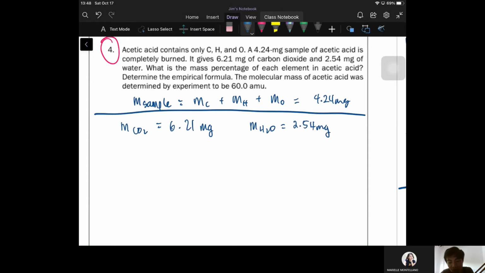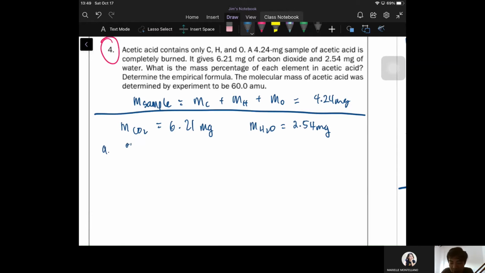What is the percent mass of each element? Determine the empirical formula. The molecular mass. Hinahanap din yung molecular mass actually. Okay, so ganun. So hinahanap yung mass percentage ng kada element. So yun yung unang hinahanap.